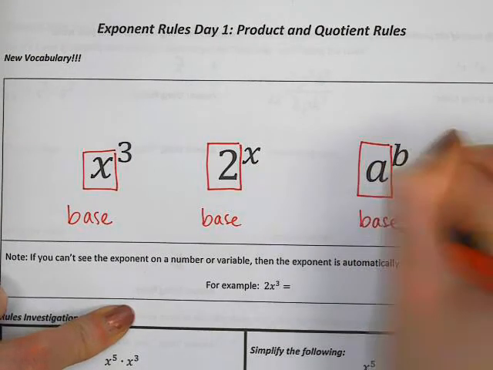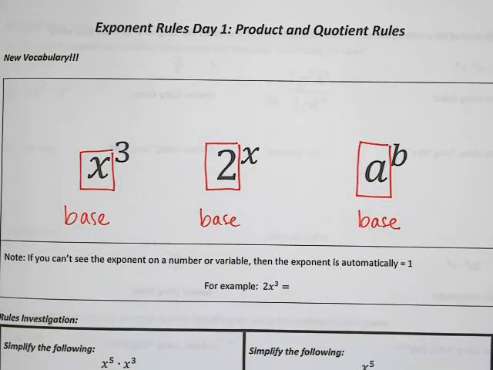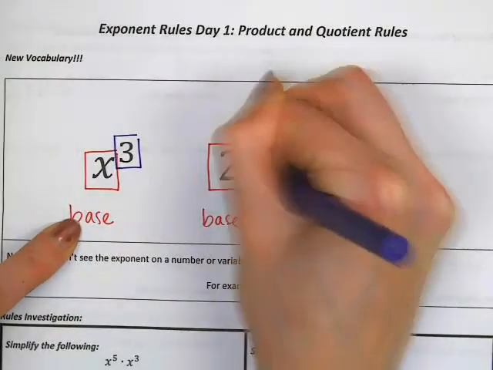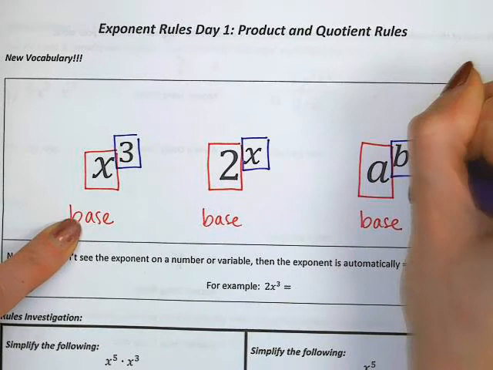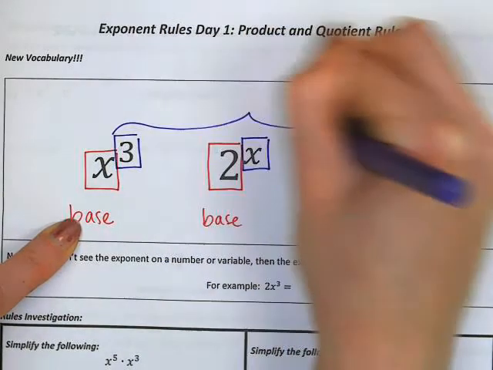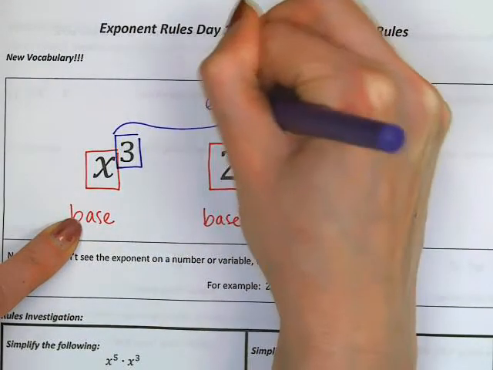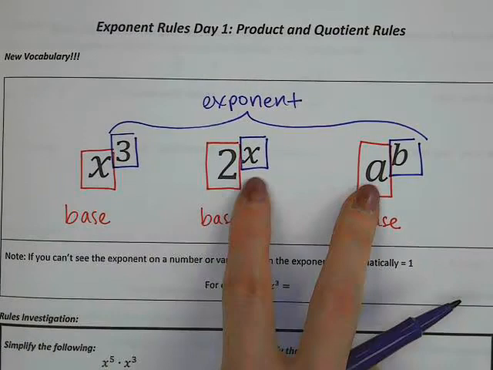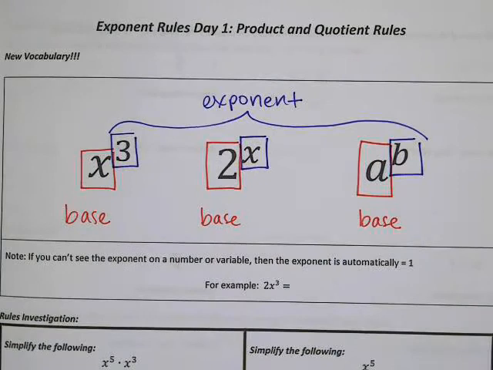It's just the bottom number. And then the little number at the top right, so in this case the 3 and the x and the b, these guys are called the exponents. So the bottom number is the base, the top number is the exponent.